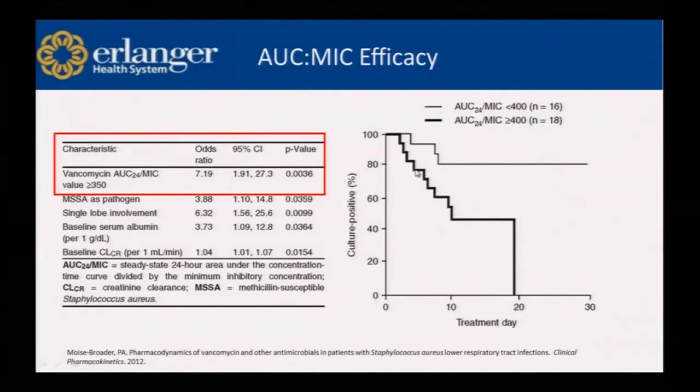Of note, they only took cultures every 3 days, so the graph might show a more linear trend if they were to do daily cultures. And then AUC-MIC of less than 400 tapers off at about 80%, or 20% success at culture eradication.